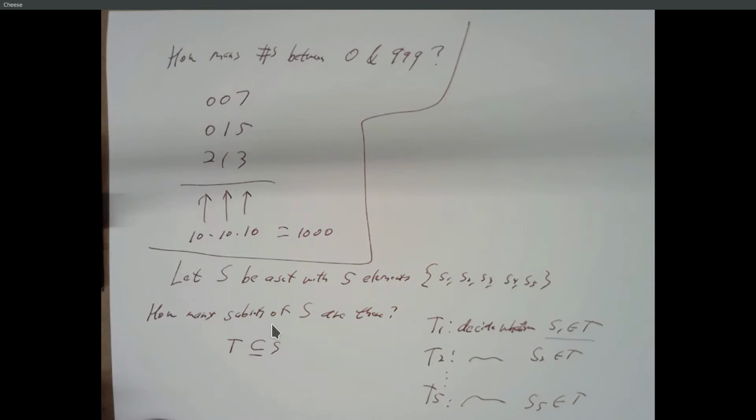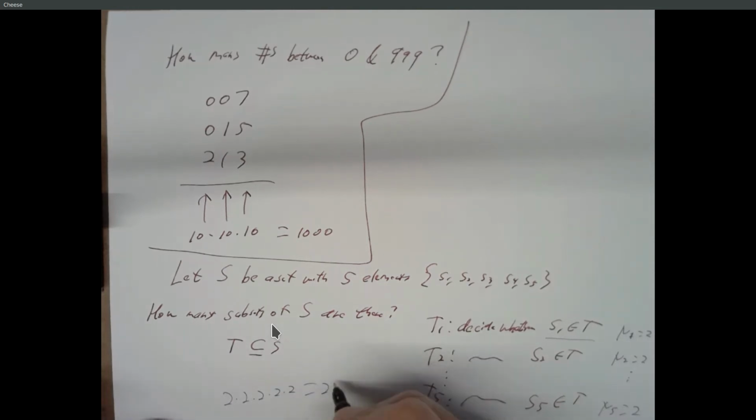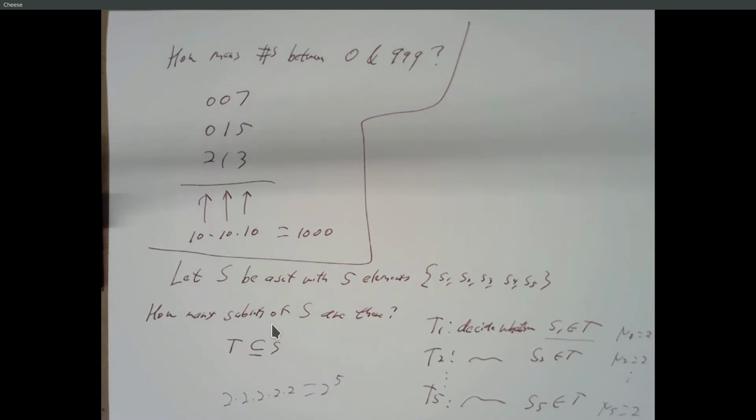Is S1 going to be in my subset? 2 ways. Either it's in the subset or it's not in the subset. So N1 is 2, N2 is also 2, N5 is also 2. So the total number of ways I can do this succession of tasks is 2 multiplied by itself 5 times, which is 2 to the 5th.